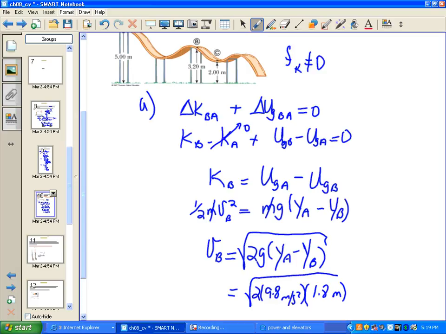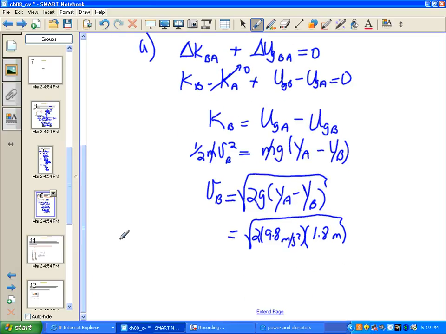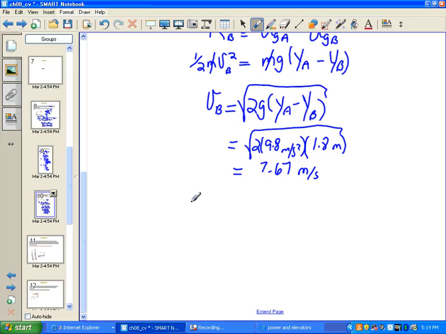We're going to take the square root of that, and that should give us a value of v_B, which is equal to 7.67 meters per second.